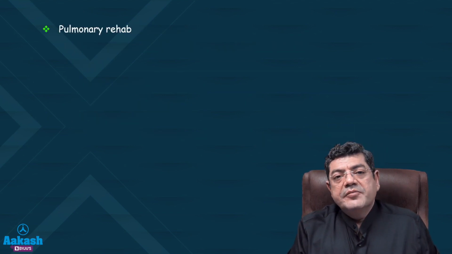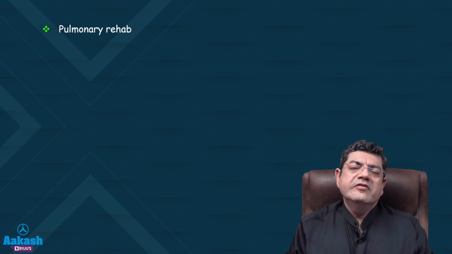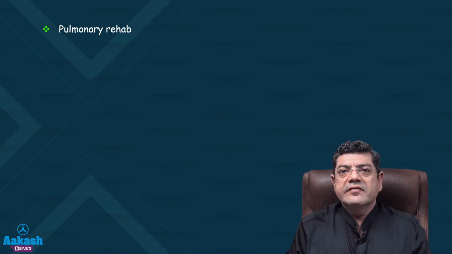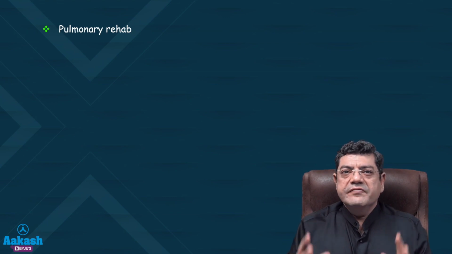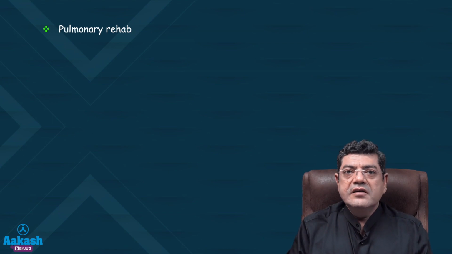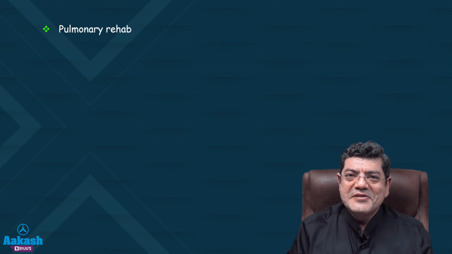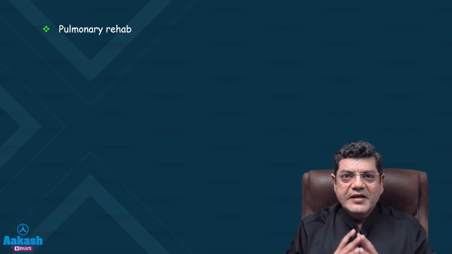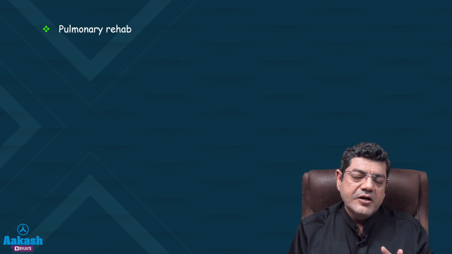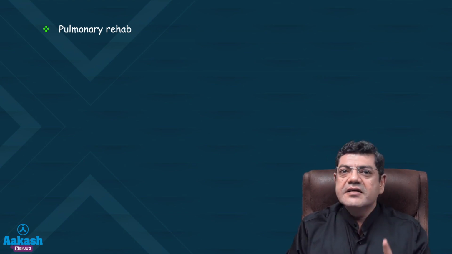Pulmonary rehabilitation. Now this sounds like a very side issue, right? Why? We are worried about respiratory failure, we are worried about hypercapnia, severe acidosis, respiratory muscle fatigue, the need for mechanical ventilation. Pulmonary rehab in the scheme of things seems like a very small thing to worry about. But what did I say about nutrition is that malnutrition in the COPD patient is an independent predictor of mortality.